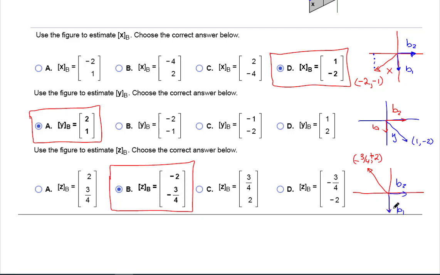Well, I need to turn B1 around and go up 2 of them. All right, so -2 B1. B2 needs to turn around as well. And when it turns around, that's going to make it negative, and I need to go a -3/4.